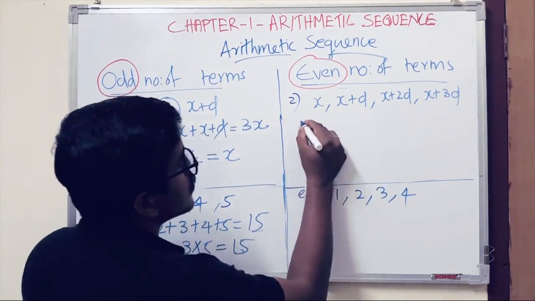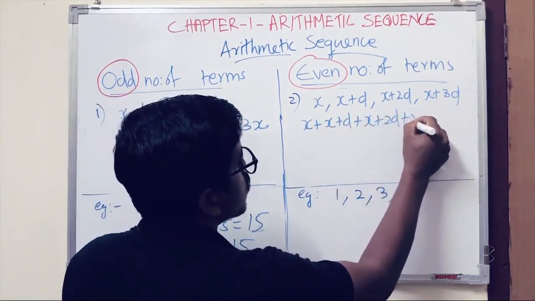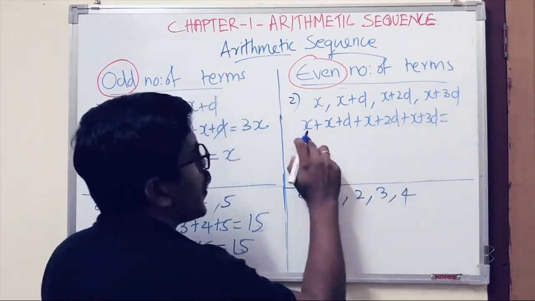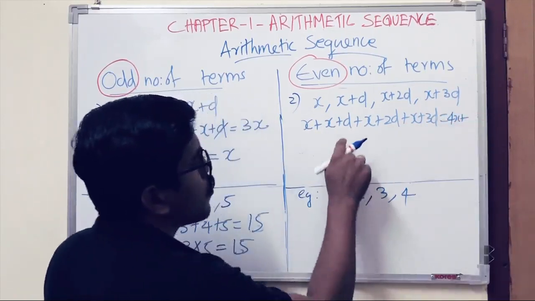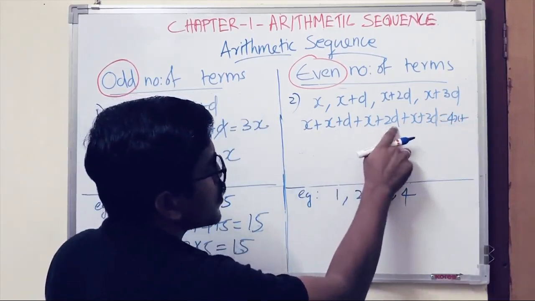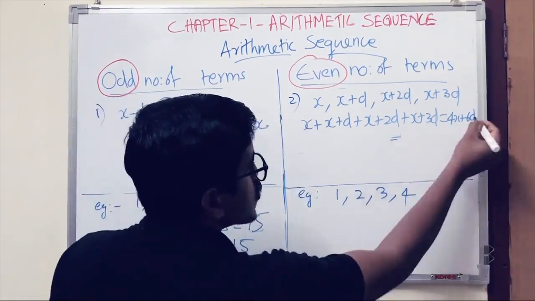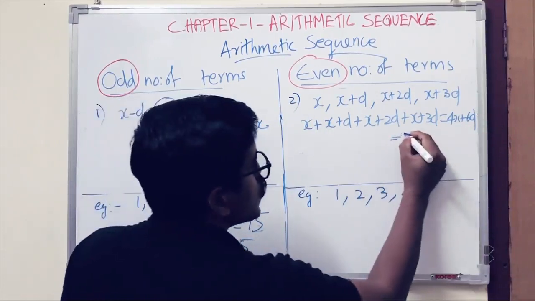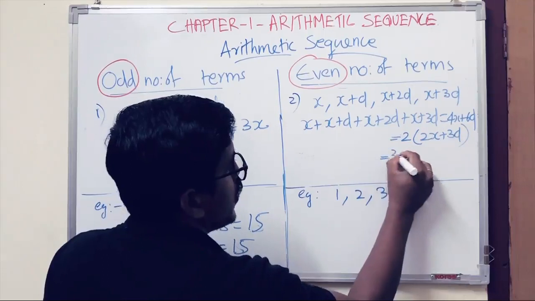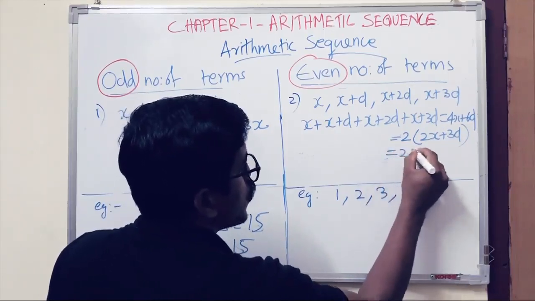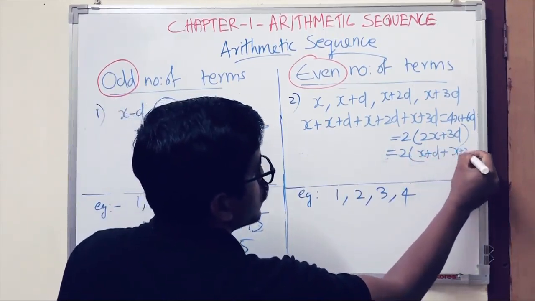Now let us take the even number of terms. If you are adding these terms, x plus x plus d plus x plus 2d plus x plus 3d. Okay, x, 1, 2, 3, 4 x are here, so 4x, plus how many d are here? d, 2d, 3d, that is 6d are here. I can rewrite this 4x plus 6d as 2 into (2x plus 3d). Again I can rewrite this as 2 into (x plus d plus x plus 2d).